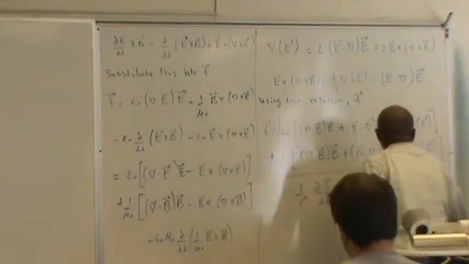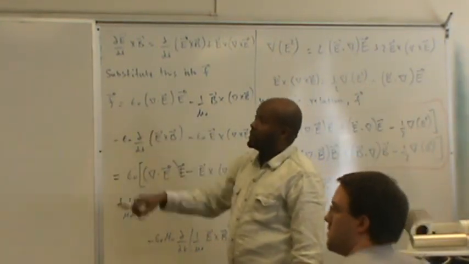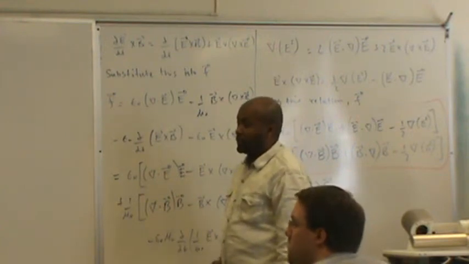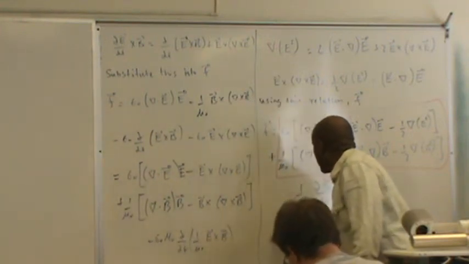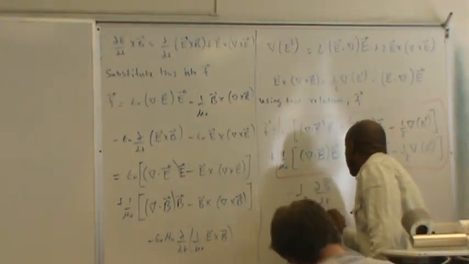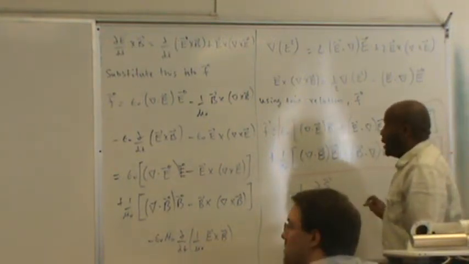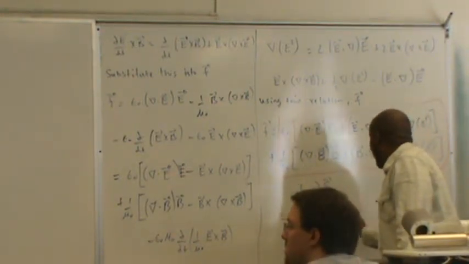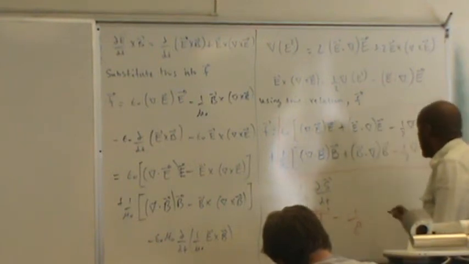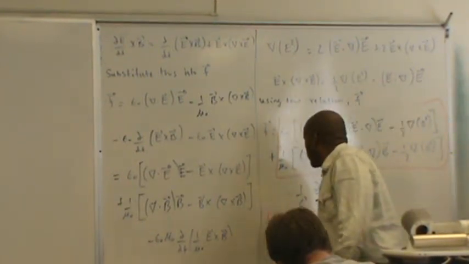This part, you can express as the divergence of the Maxwell tensor. So basically then the force density becomes the divergence of the Maxwell tensor plus minus 1 over c squared dS by dt. So that is going to be your force density.